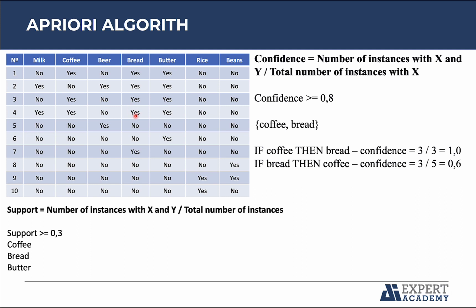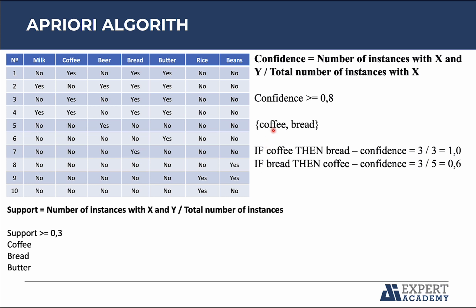So we can conclude that the support of both items, number of instances with X and Y, is 3 divided by the total number of instances, which is 10. 3 divided by 10 is equal to 0.3. So the support for both items together is 30%.